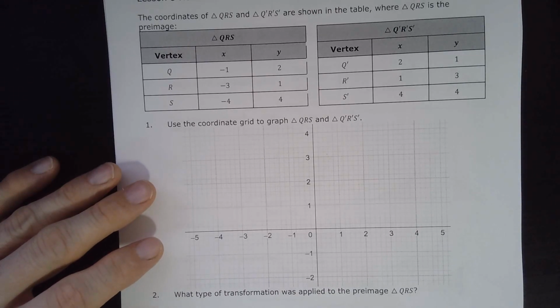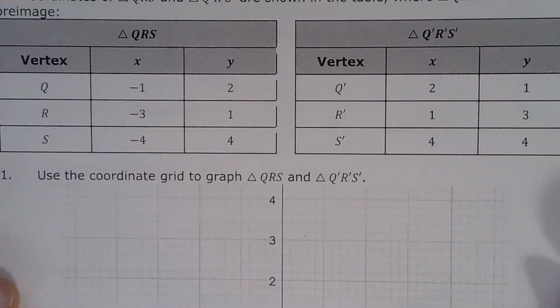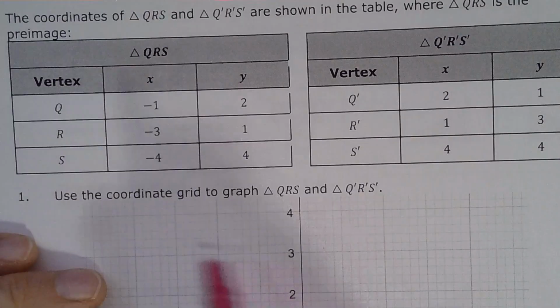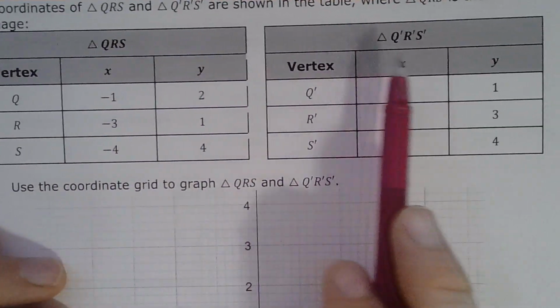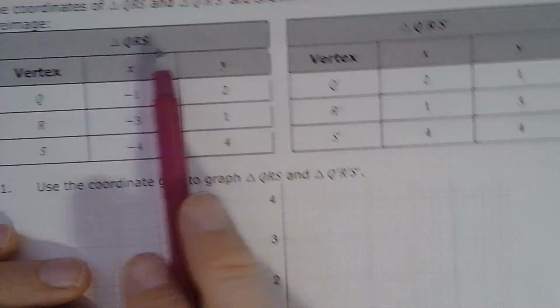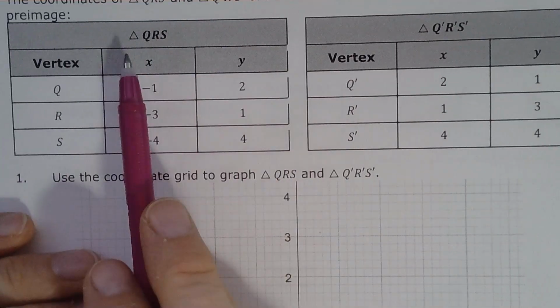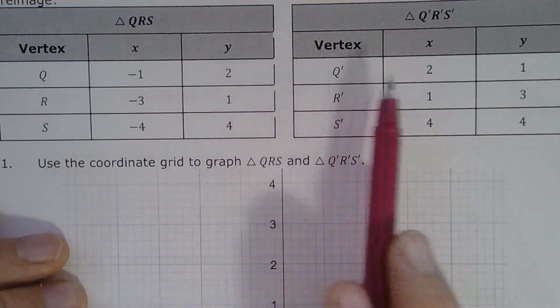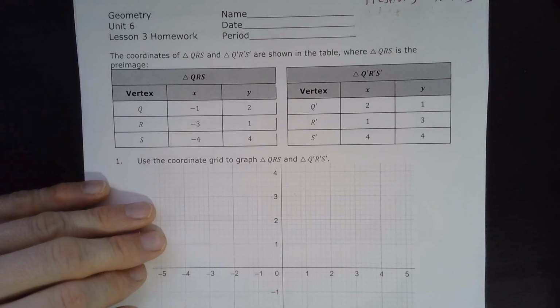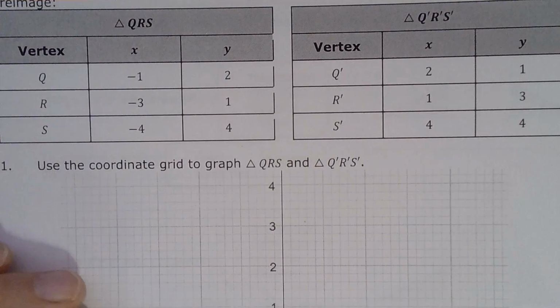Okay, so I have these images, right? This is my pre-image, and then this is my image, right? And it's going to have me write all of these, plot these, and then determine what happened. And I'm going to write the algebraic expression and everything.